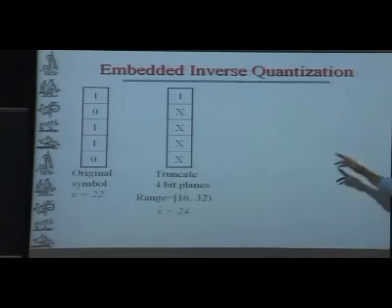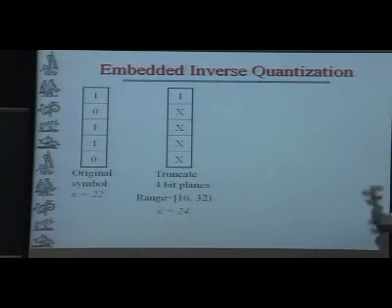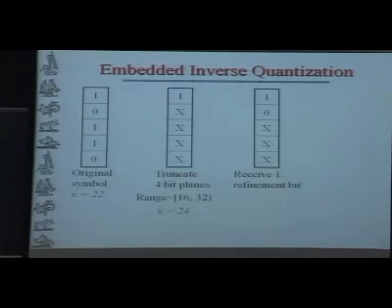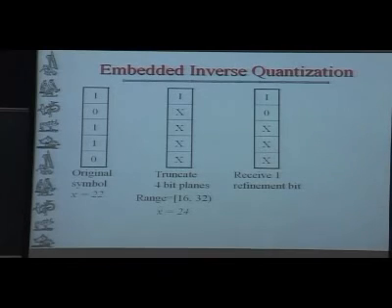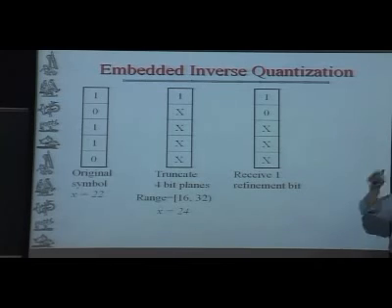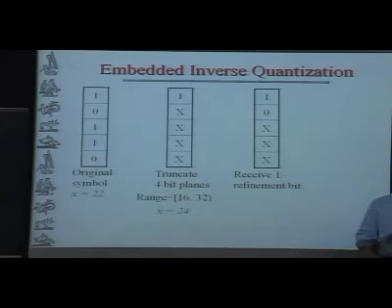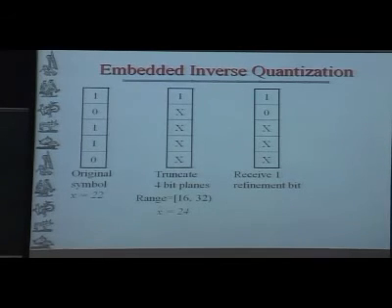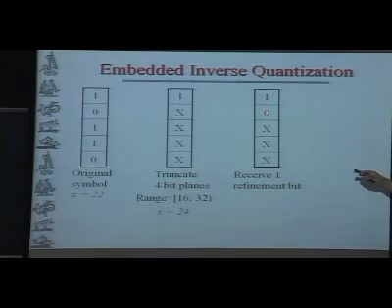After we receive that 1 bit, our communication channel opens and gives us 1 more bit, 0. What can I say? This is called the refinement bit. Refinement means you update. So I receive another 0.